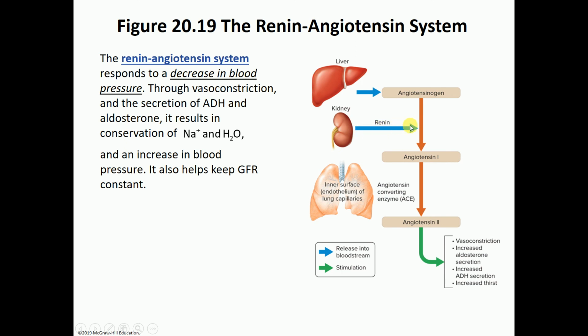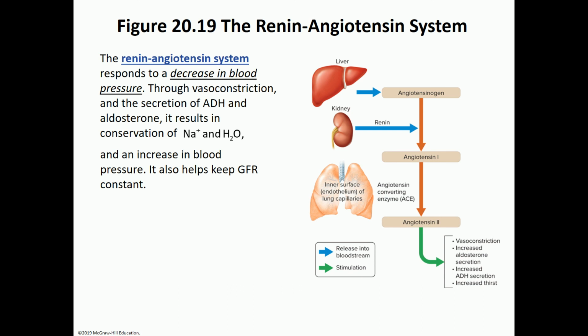That hormone renin, now in the bloodstream, will activate angiotensinogen into angiotensin 1. Angiotensin 1 needs to be activated in a second step through an enzyme known as ACE, or angiotensin converting enzyme, into angiotensin 2. Now, angiotensin 2 will do anything it can to bring blood pressure back up to normal.